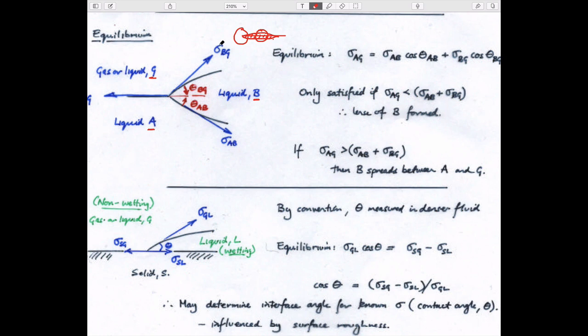We can imagine a force that is due to the interfacial tension between the liquid and the gas above it, liquid B and gas, sigma BG. We can look at the interfacial tension between the liquid A and liquid B, which is this. You notice it'd be slightly depressed because instead of just having atmospheric pressure acting on this boundary, it's got the self-weight of this small column that's sitting here.